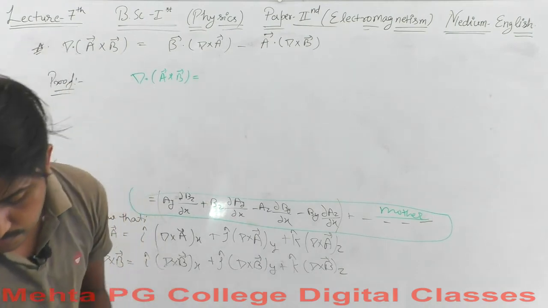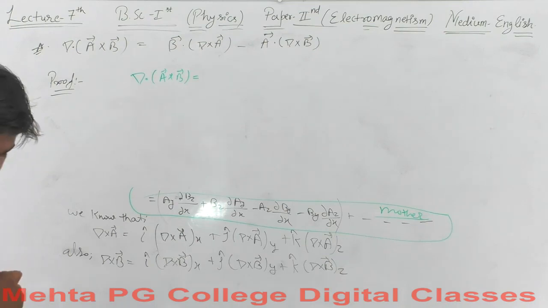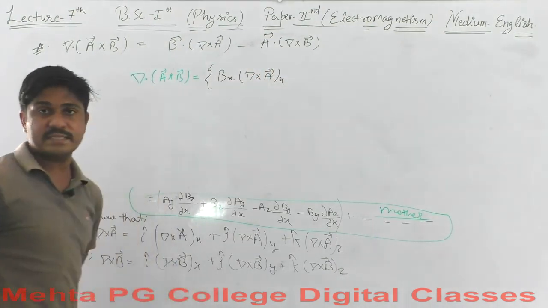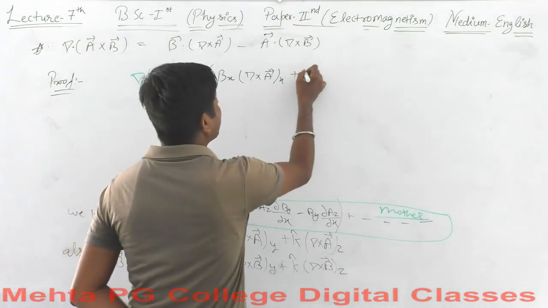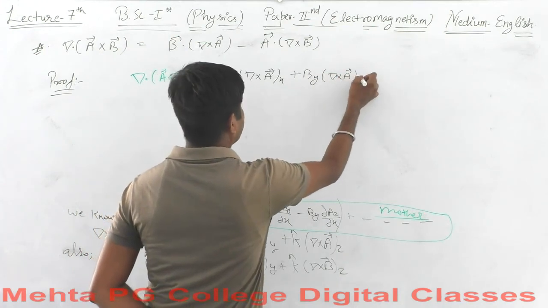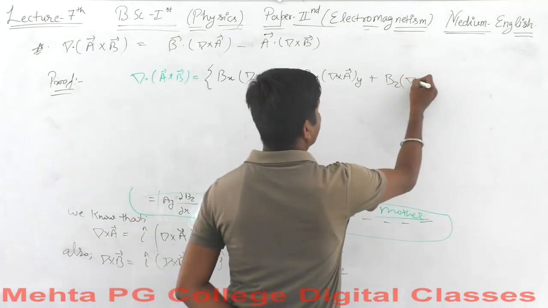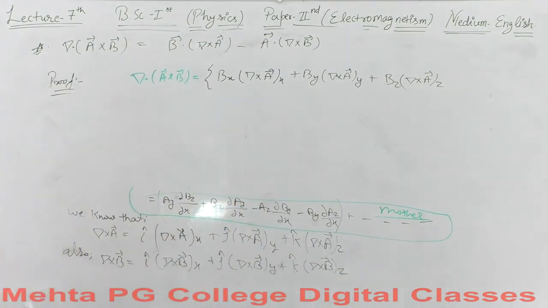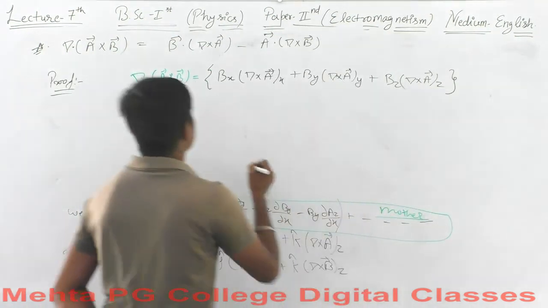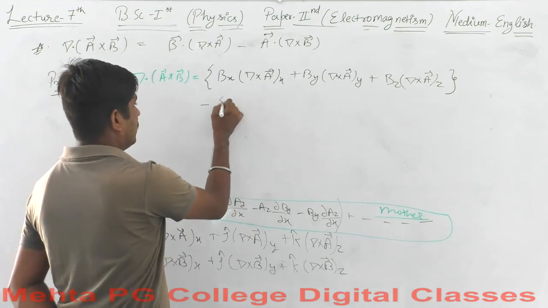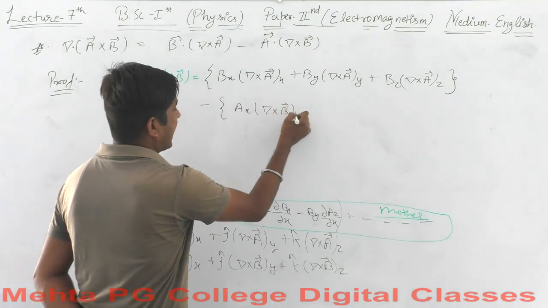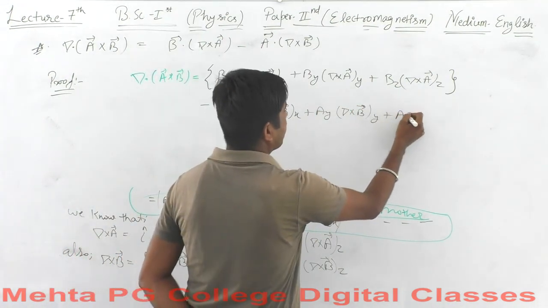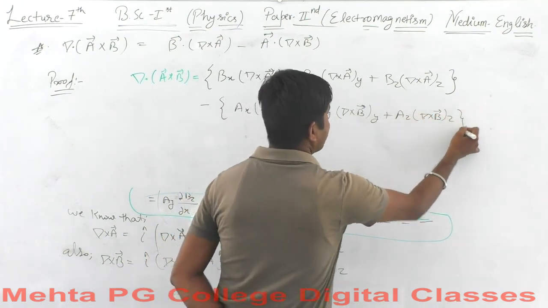This will equal BX del cross A vector along x axis, plus BY del cross A vector y axis, plus BZ del cross A vector having z component, plus the same process repeated for the B vector, minus AX del cross B vector x component plus AY del cross B vector y component plus AZ del cross B vector z component.